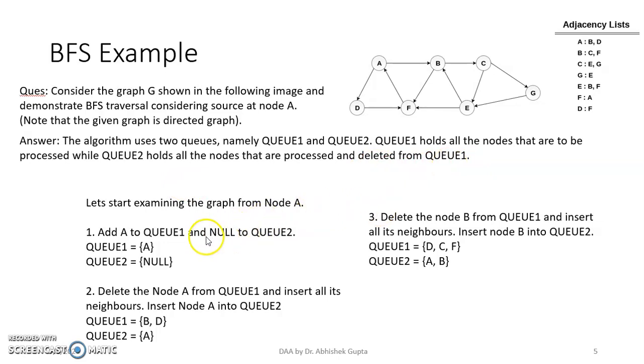So we will discuss it step by step. So we are starting from A, however it may be given in your question, or if that is not given in the question, then you can start from any of the nodes. So here source is given at node A, so that's why we are starting from node A, right?